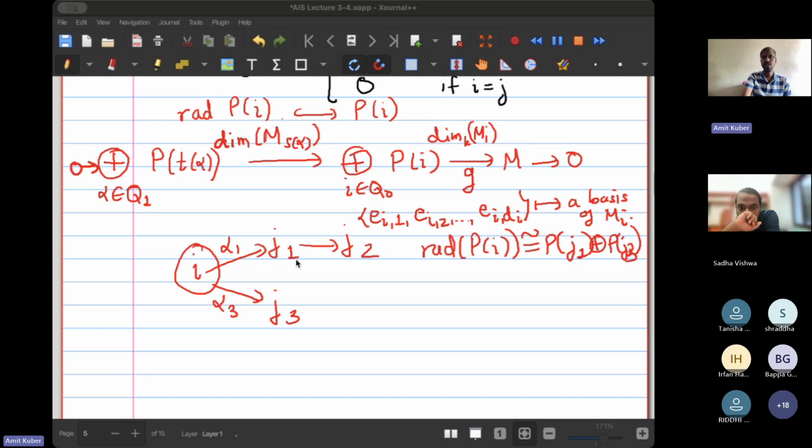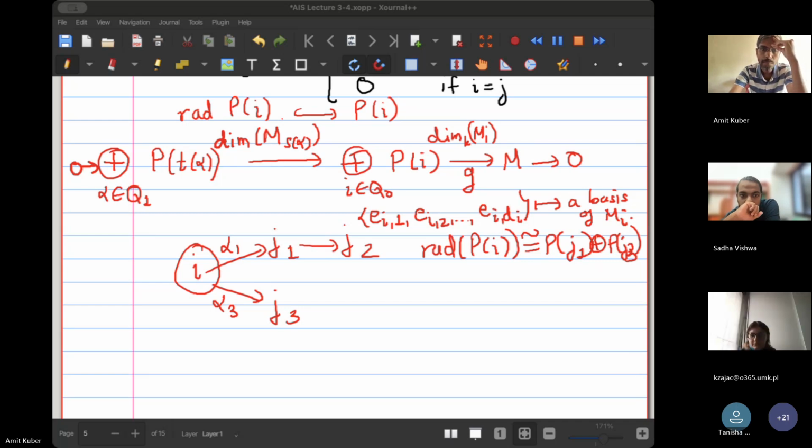Any questions related to this part? I have one. I wonder what would happen if you reverse the arrow from i to J3. Suppose you had an arrow from J3 to i.